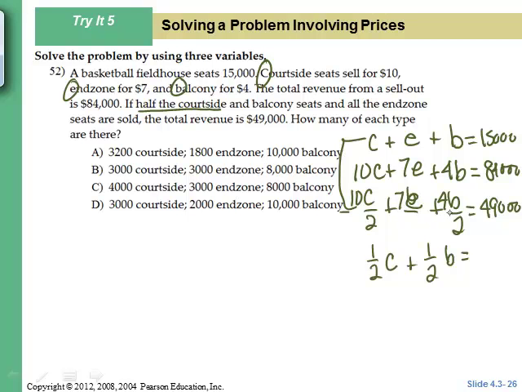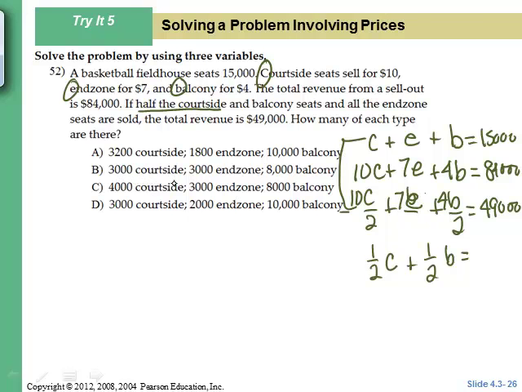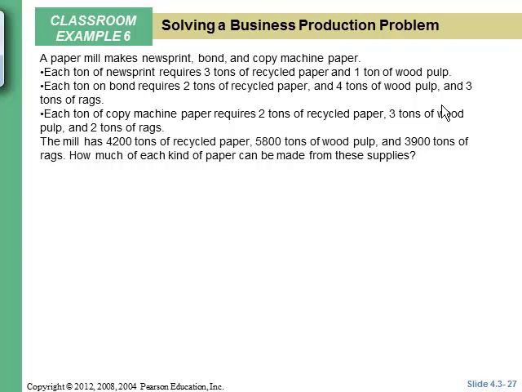That's where I went wrong. So now my answers will work out. 10 divided by 2 is 5, 7, and then 4 divided by 2 is 2. Now my answers come out with 3,000 courtside, 2,000 end zone, and 10,000 balcony. That third equation got me. Next one.